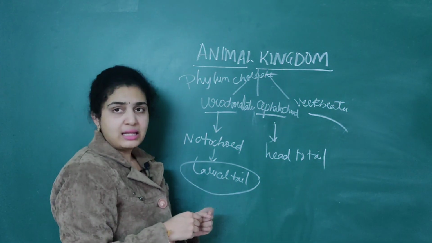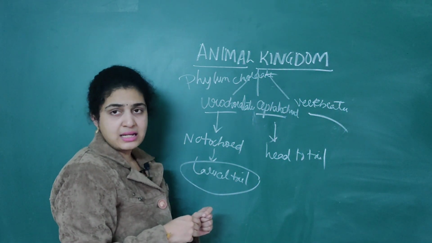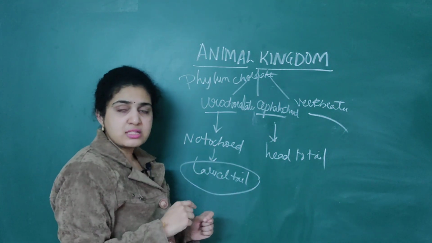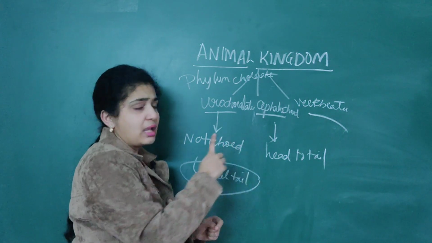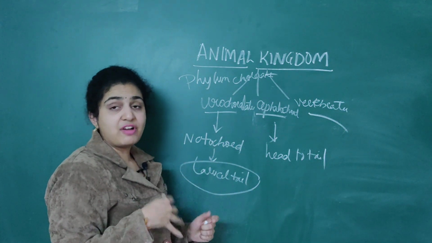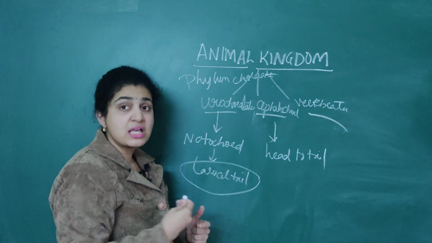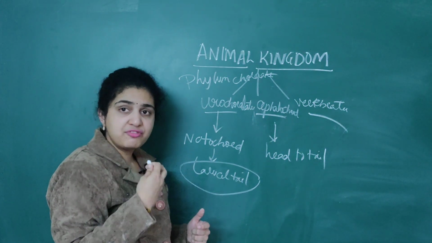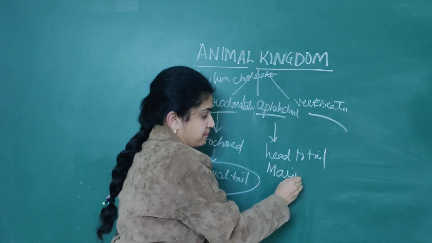So in urochordates the notochord is only in the larval tail. In cephalochordates, the full notochord is present from head to tail and persistent throughout life, and these organisms are mostly marine organisms. That is also a good differentiating feature.